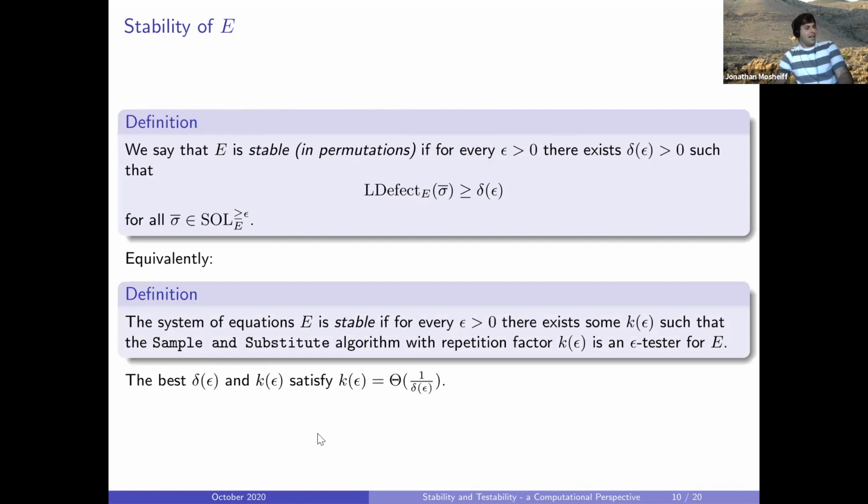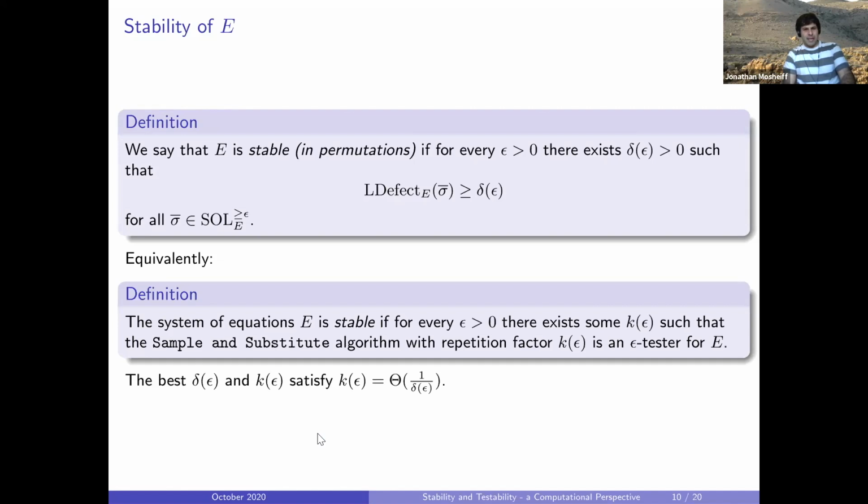This definition says that the system of equations E is stable if, for every epsilon, there exists some repetition factor k such that sample and substitute with k repetitions is an epsilon tester for E. In other words, the system of equations is stable if and only if it is testable by a family of sample and substitute algorithms.